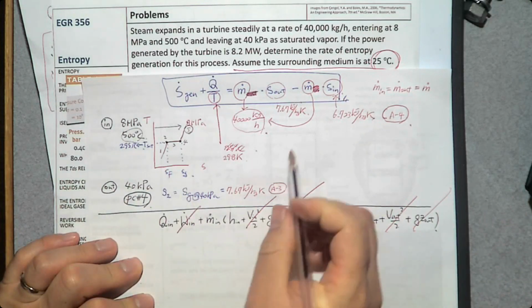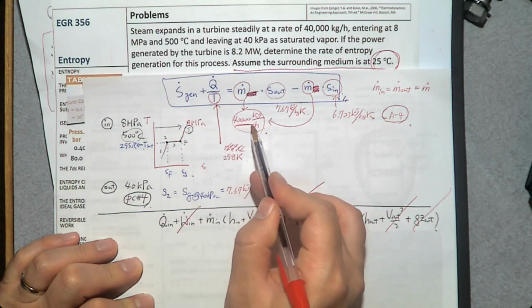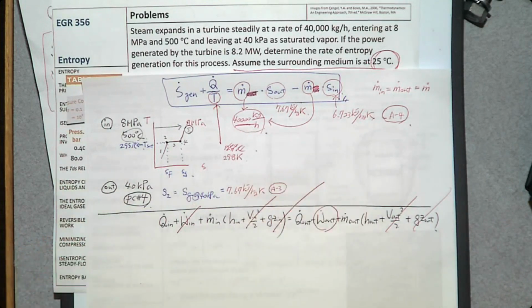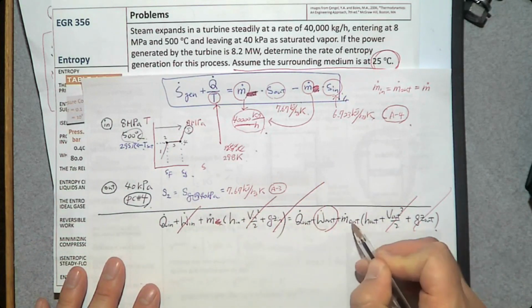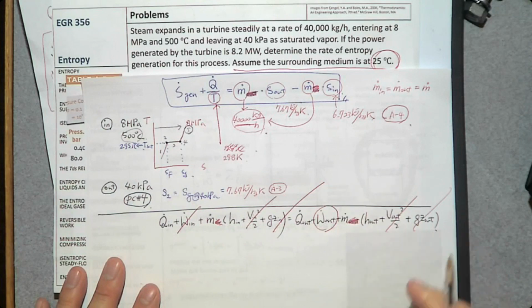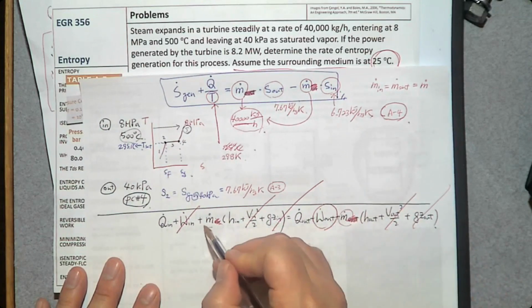We already know m dot is 40,000 kilogram per hour. There's no difference between m dot at the inlet and m dot at the exit, because we only have one inlet, one exit, and according to the conservation of mass principle, there's no difference. So I can remove these subscripts because they are the same. So we know m dot.